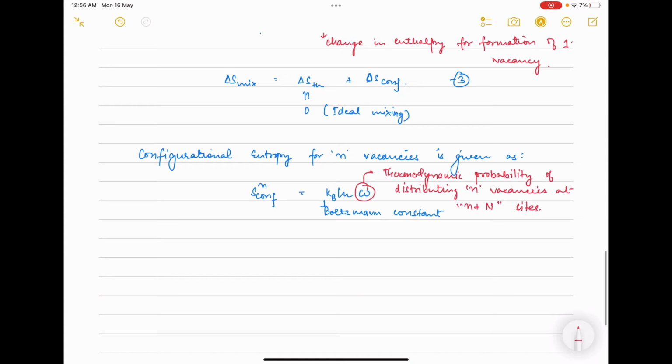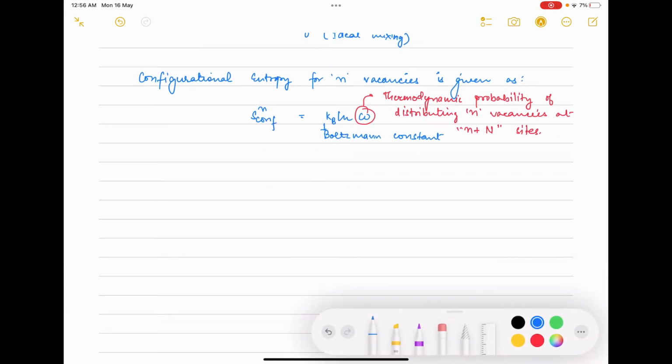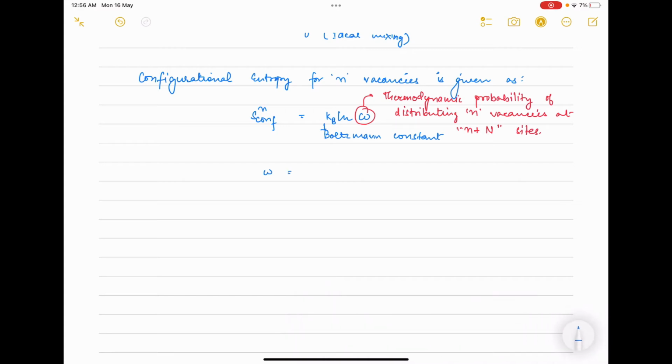So this omega can then be written as (N plus n) factorial divided by N factorial times n factorial. So this equation is 4, this is 5.